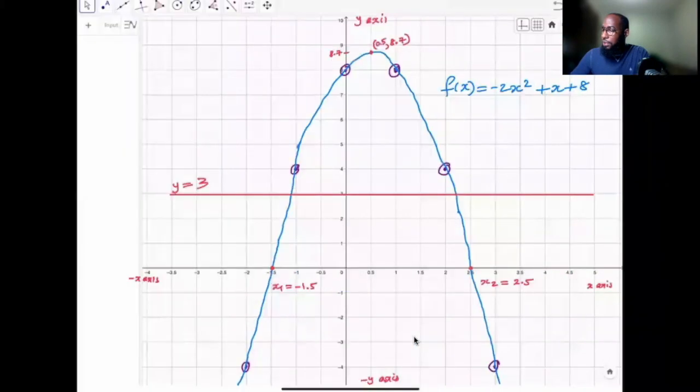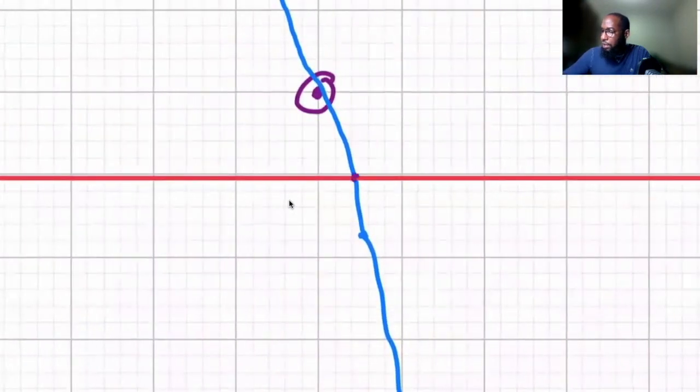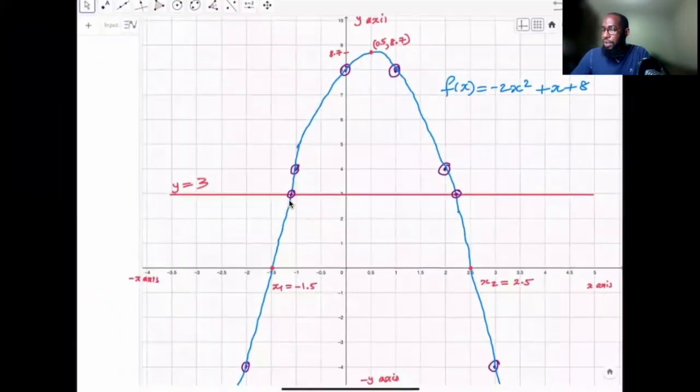So let's look at that. The curve and the line intersect at this point here and at this point here. That's where the curve and the line intersect.